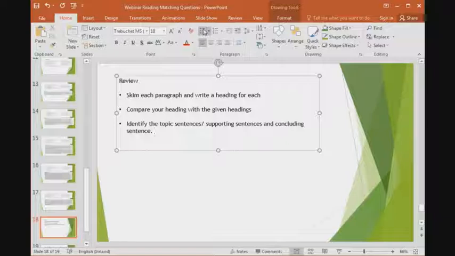So topic sentence could be yellow, maybe supporting sentences you'll leave blank, and then concluding sentence you might use green or something. Okay. So skim each paragraph and write a heading for each. Compare the headings with the given headings. Identify the topic sentences and supporting sentences. And then obviously practice the actual matching.